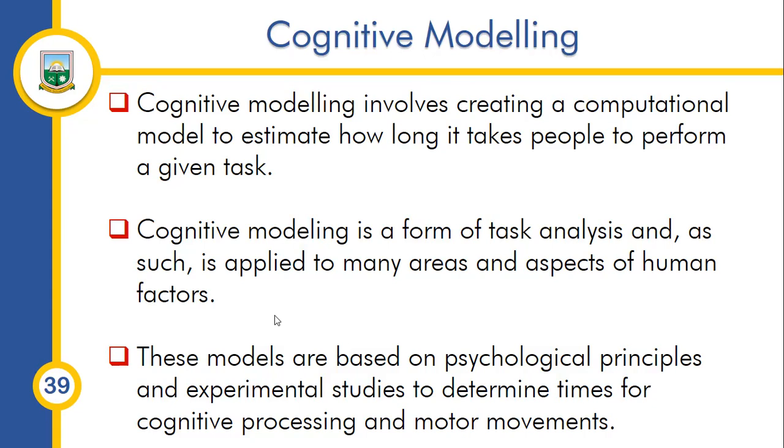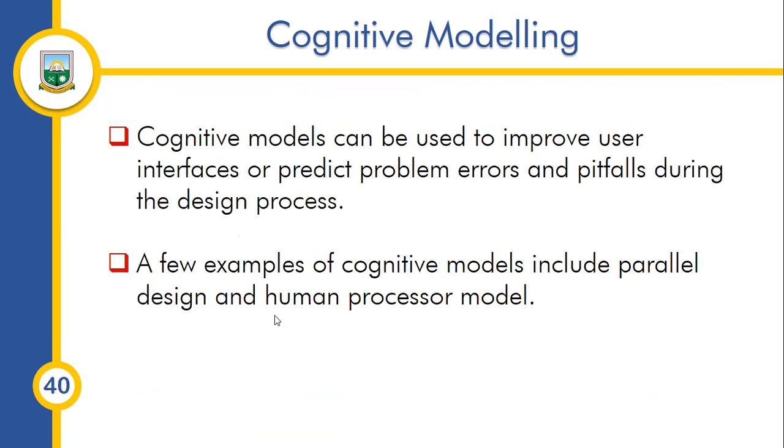These models are based on psychological principles and experimental studies to determine times for cognitive processing and motor movement. Cognitive models can be used to improve user interfaces or predict errors and pitfalls during the design process. A few examples of cognitive models include parallel design and human processor model.